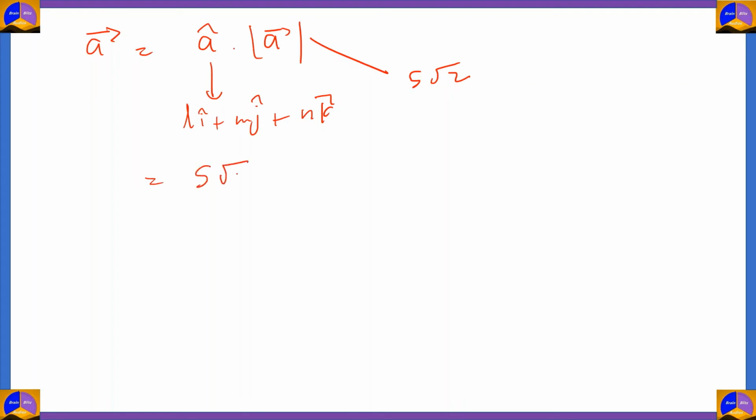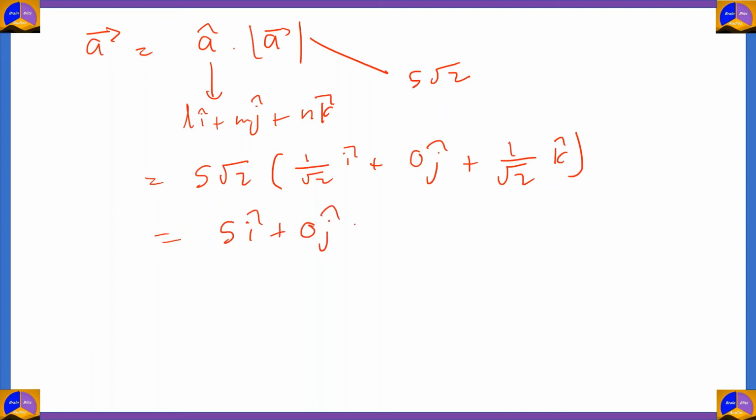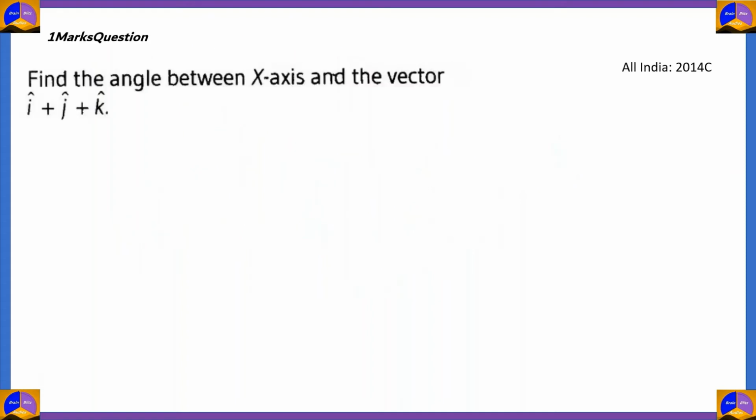So we get 5 root 2 times 1 by root 2 i plus 0j plus 1 by root 2 k. When you distribute it, the root 2 and root 2 get cancelled. So we get 5i plus 0j plus 5k as the answer for the vector A. So the vector A is equal to 5i plus 5k. That is our answer. Let's move on to the next question.